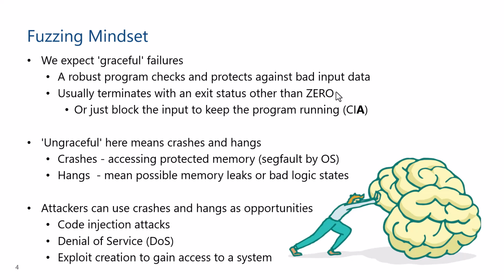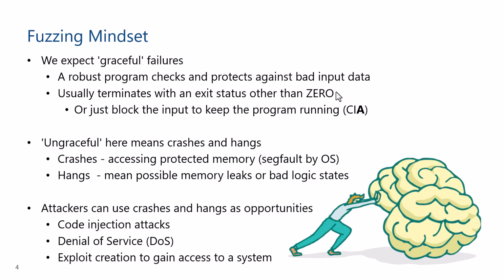Now, graceful handling might be where your program catches this type of bad data and sends out an error message, and then it exits with a status of something other than 0. Or it might just block that input and keep the program running, maintaining availability in the CIA triad. Whatever it is, your program has control of that.